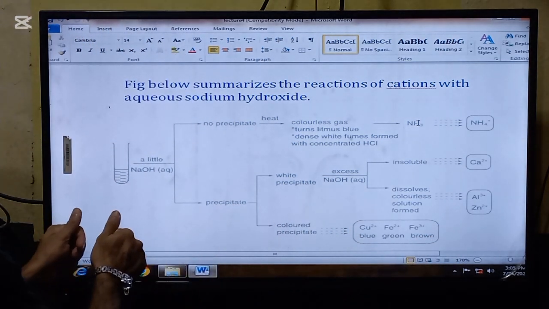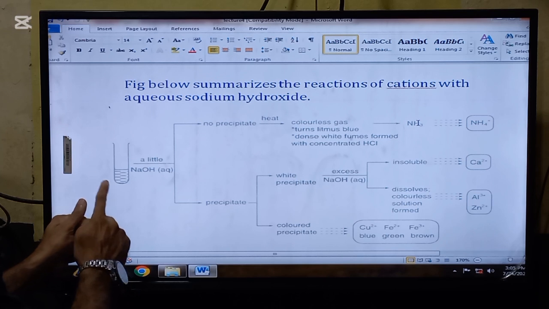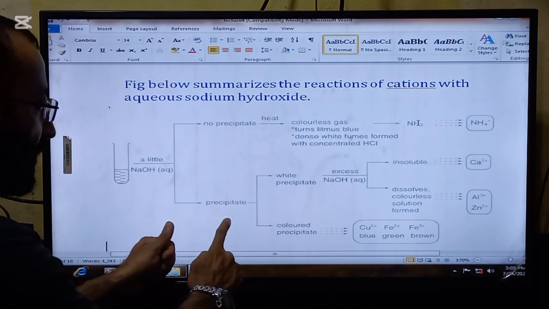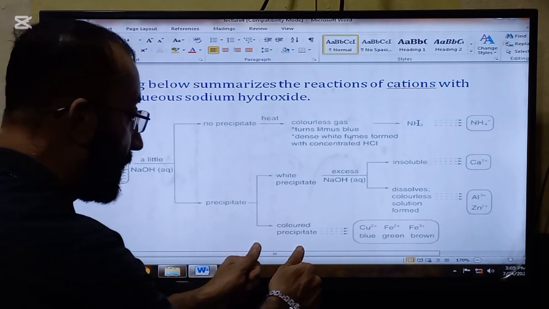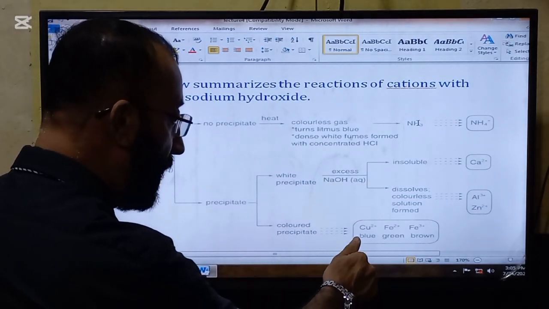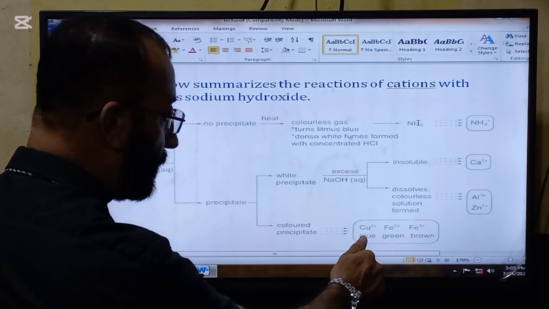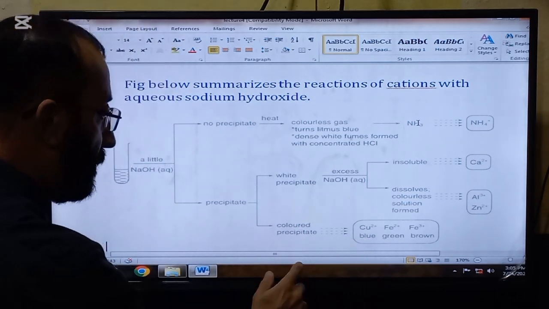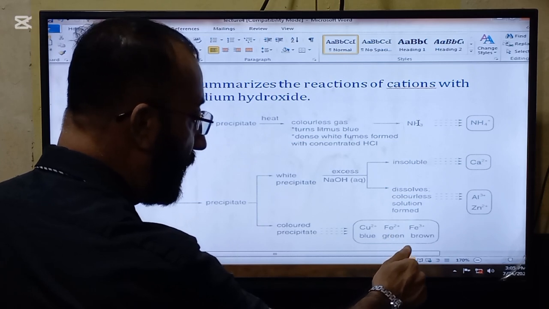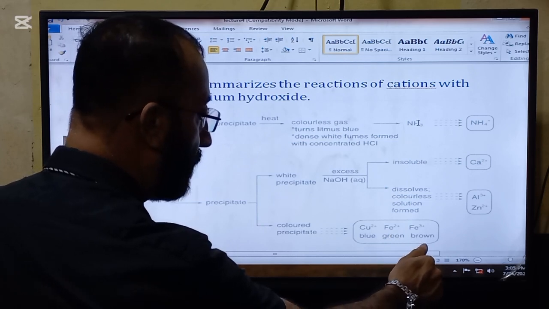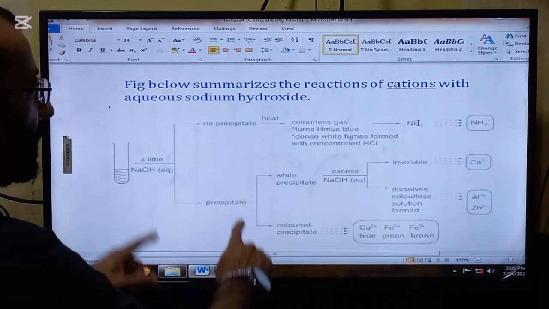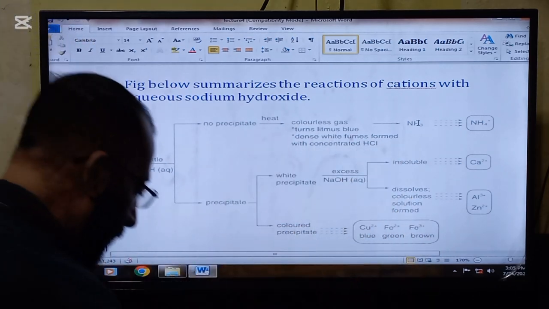Further, if the metal ion reacts with aqueous NaOH and a colored precipitate is formed: if the color is blue, that will be the Cu2+ cation; if the color is green, that will be Fe2+; and if the color of the precipitate is brown, that will be Fe3+. So you have to learn this figure and these concepts.